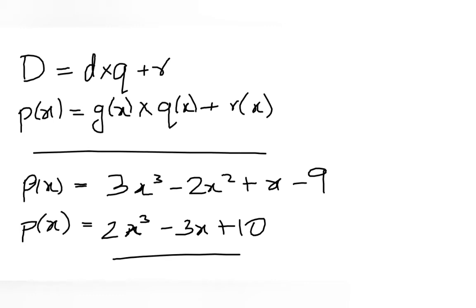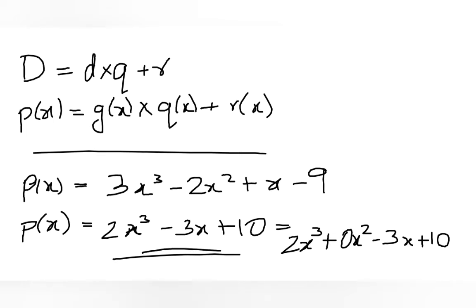So what we do here is write the polynomial as 2x cube plus 0x square minus 3x plus 10. Why do we write 0x square? Because anything multiplied by 0 is 0, and hence this does not have any value of its own. If any polynomial comes of this type, we just add 0 with x and the power which is missing between the terms.